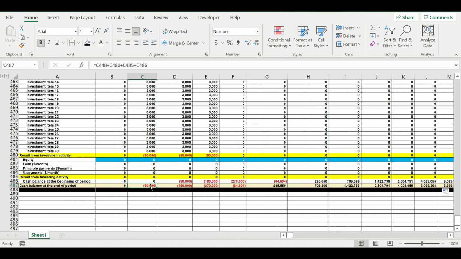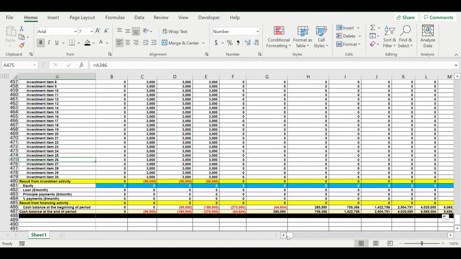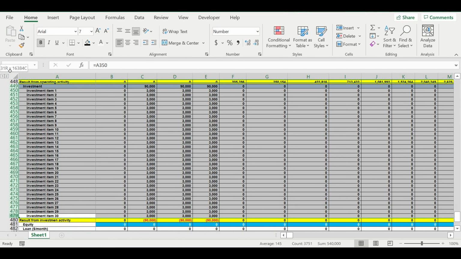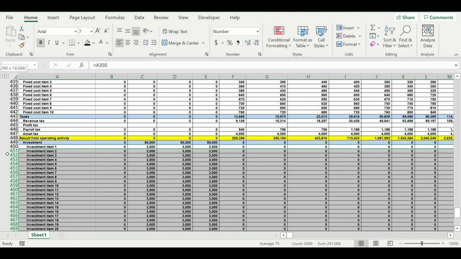So this value goes here, this value goes here. Now we'll just hide all the blocks inside the cash flow statement.